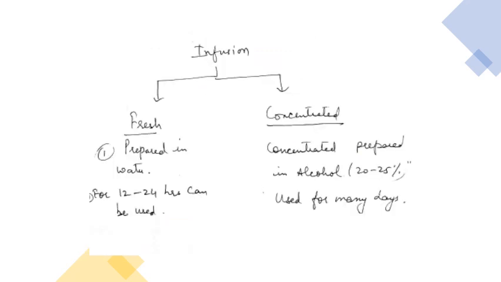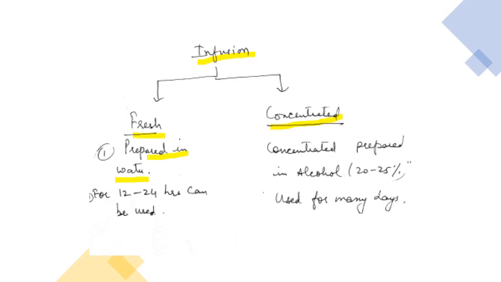Infusion can be divided into 2 types. One is called the fresh infusion. The other one is called concentrated infusion. What is the difference? When we prepare our solution using water as the menstruum, we have the dilute solution and that is called the fresh infusion.